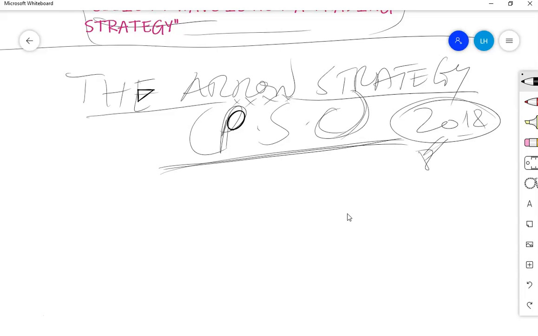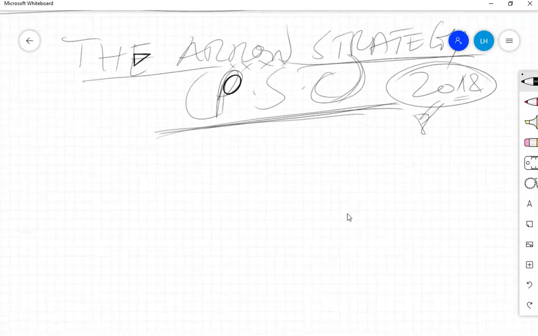No one had presented this idea on the internet about the arrow strategy or the PSC strategy. So for the very first time, in 2018, I developed this principle, the arrow strategy, as the means to apply the wave principle in the market.